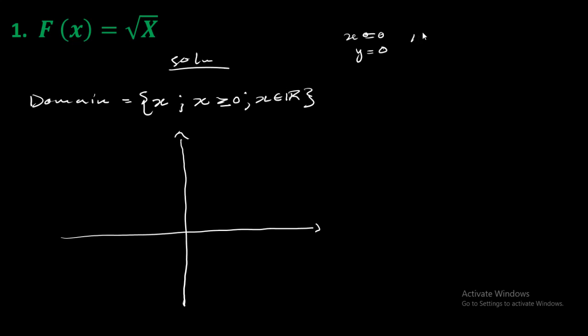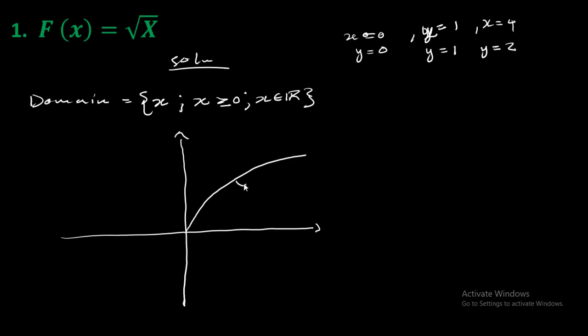So when x is equal to 1, y will be 1. When x is equal to 4, y will simply be equal to 2. So in this case, our graph is coming out in that way.